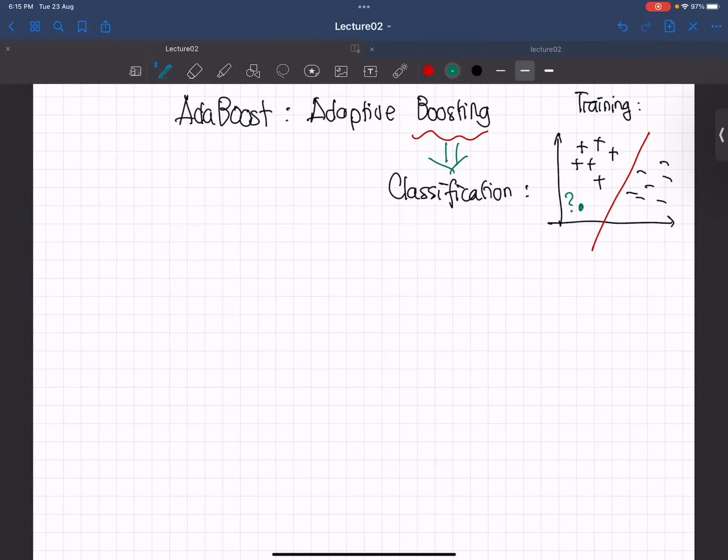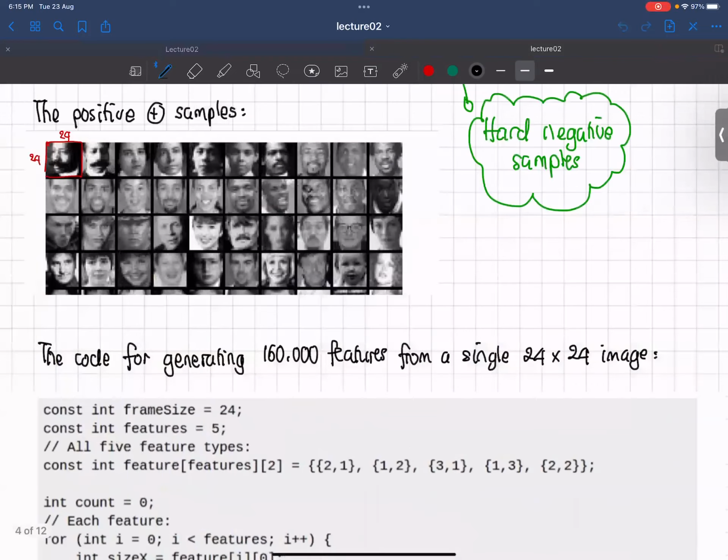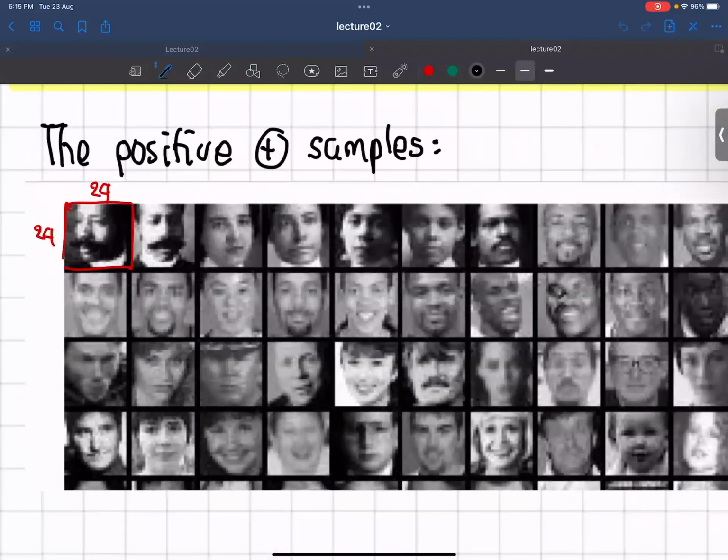So in this case, we want to use boosting algorithms to separate positive, which is face, and negative, which is non-face. The positive samples here are face images. For example, this one is a face image, which means it is a positive sample.